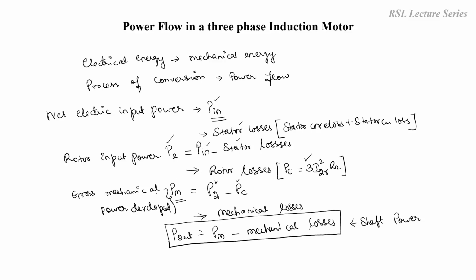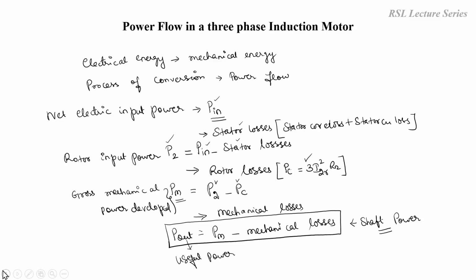Again this power has to supply the mechanical losses. The gross mechanical power PM minus the mechanical losses will give you the net power output, or the useful power available at the shaft of the motor, also called power output or shaft power.